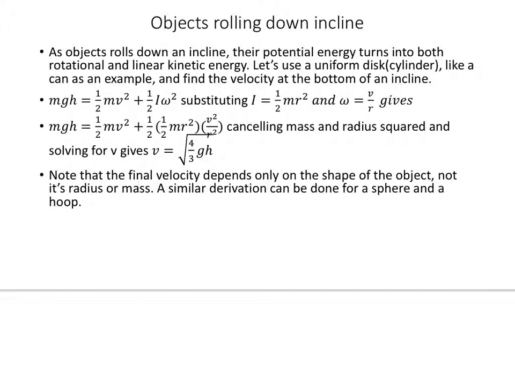So I encourage you to try that. It's not hard. You're just substituting in the different equations for I, depending upon the shape of the object, and you'll come out with two different expressions for V, and the one with the biggest value here, of course, would be the winner of the race.